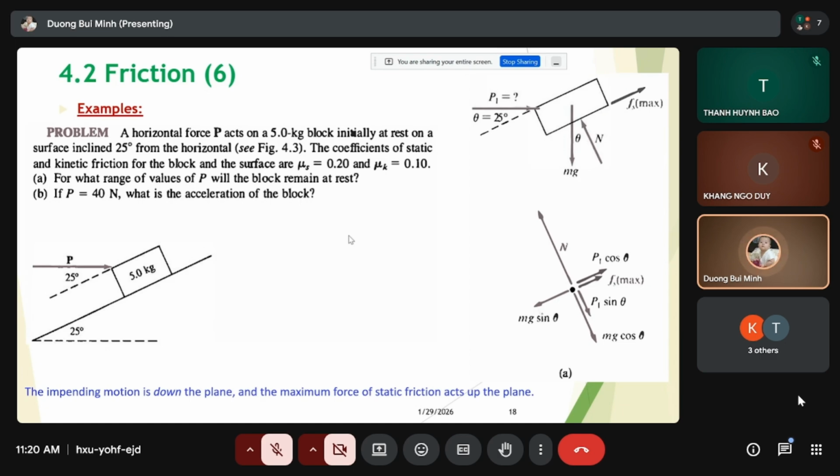For these questions, we can consider the steady state, at rest. We have this force diagram like this.